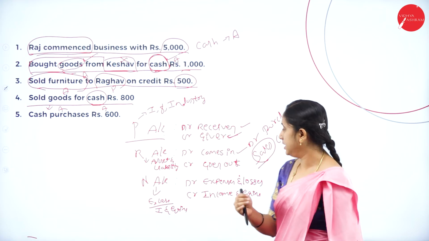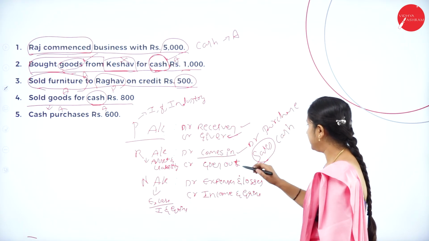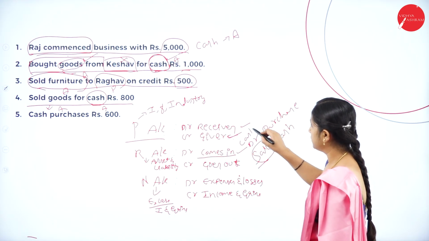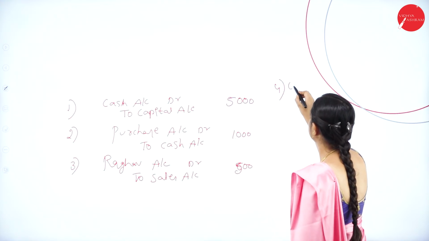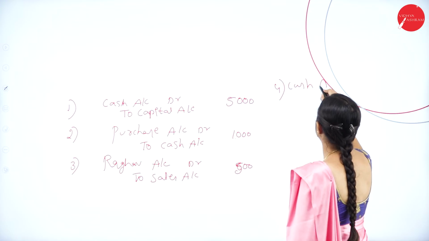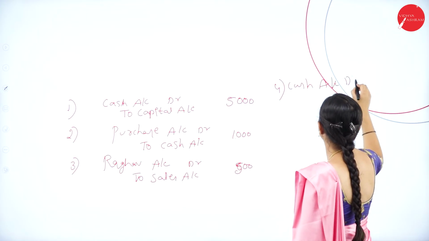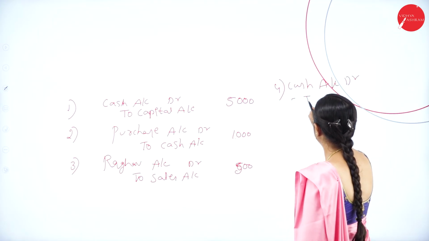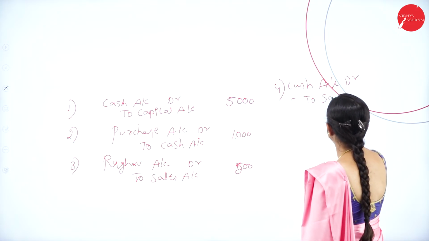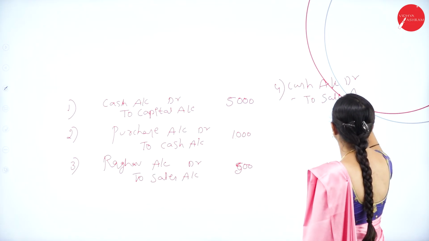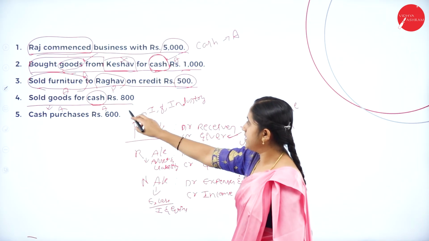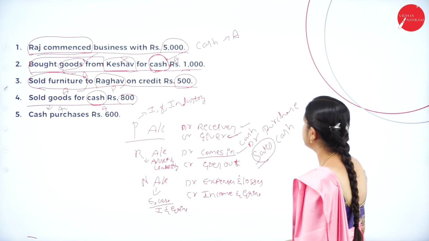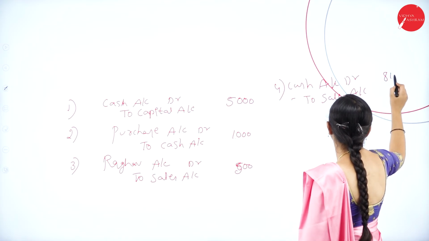Cash is coming in, so you need to debit the cash. Cash account debtor to sales account of rupees 800.